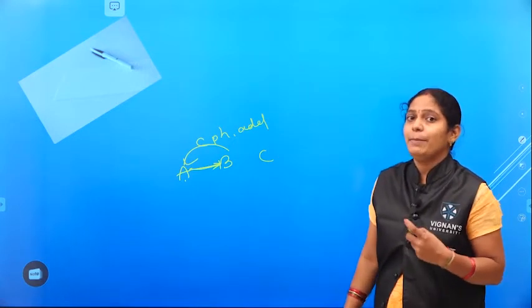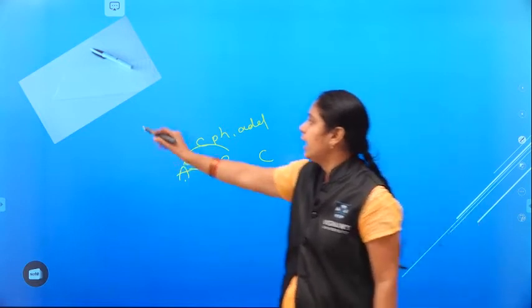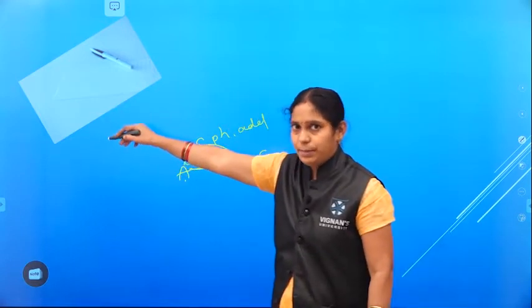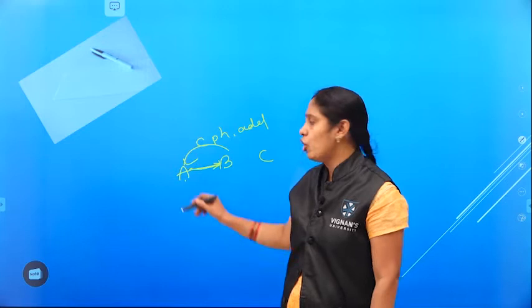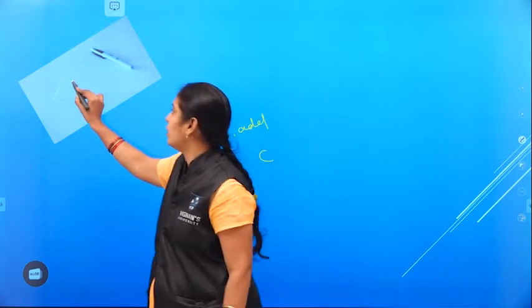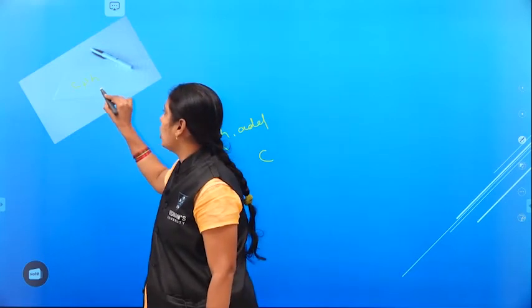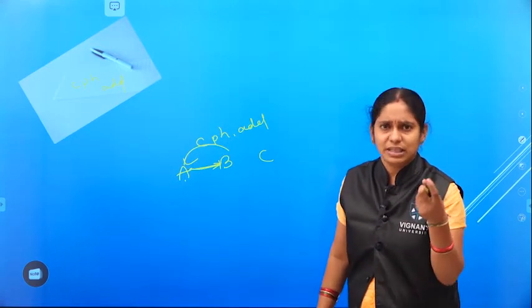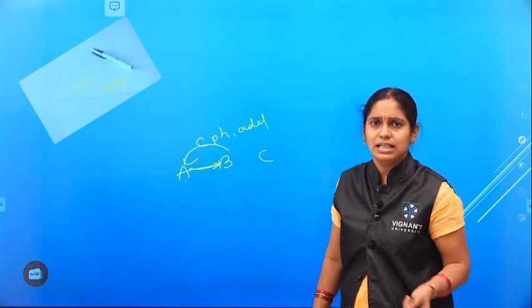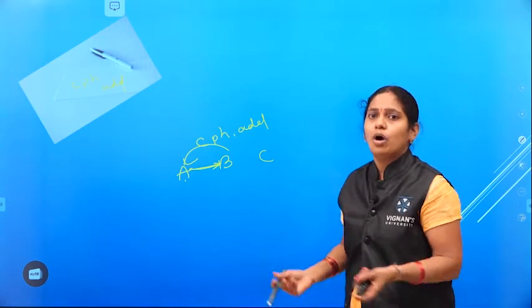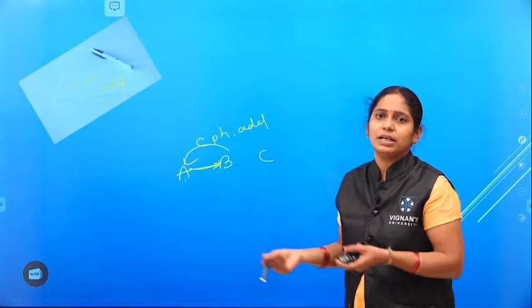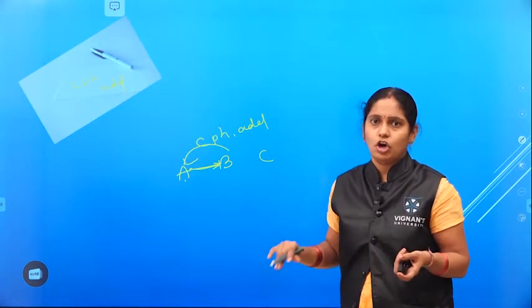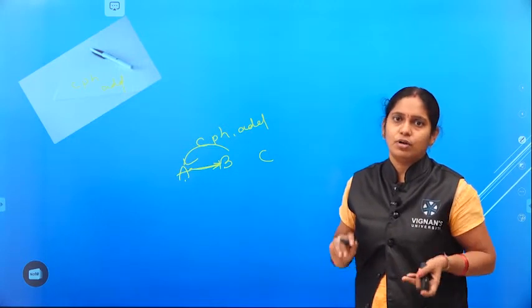Then how does A maintain it? A takes a paper and a pen, and simply copies C's phone number and the address on this paper. Because it is a simple work and it is nothing but a single line, a phone number is nothing but a single line, so one page is sufficient. Whatever paper is available with us, we simply take that paper and a pen, and write the address and the phone number.